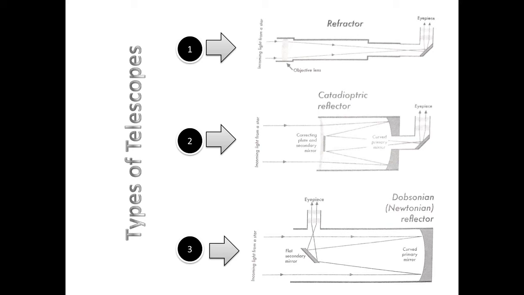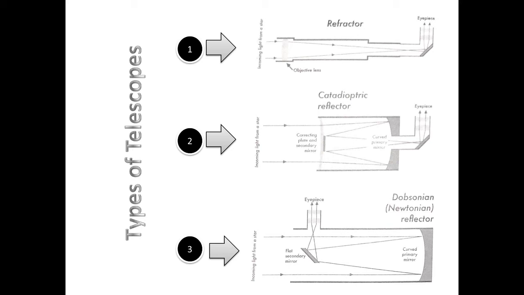Every telescope starts with a big lens or mirror, called the objective or object lens. This lens or mirror is designed to catch as much light as possible, the same way as a bucket is set out in the rain to catch the rainwater.